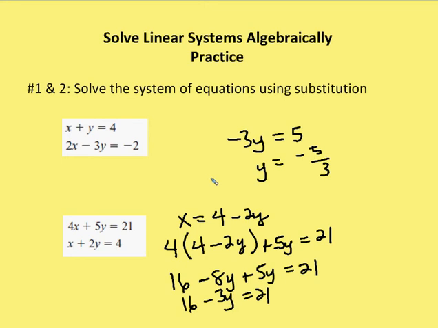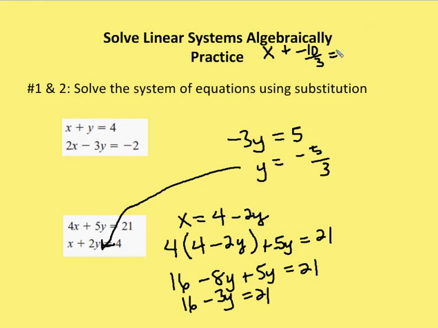Now I have my value for y. I'm going to substitute that value back in. Let's work with the second equation. And so I have x plus 2 times negative 5/3 would be negative 10/3 is equal to 4, and I'm going to change 4 to a fraction so that I can add the 10/3 simply without having to worry about my denominator.